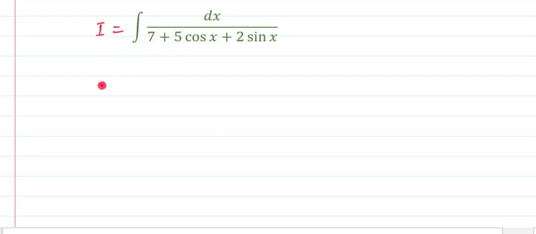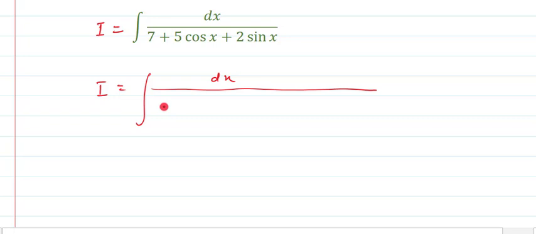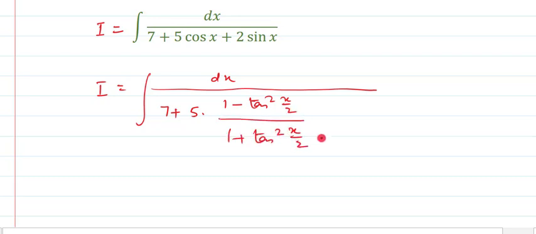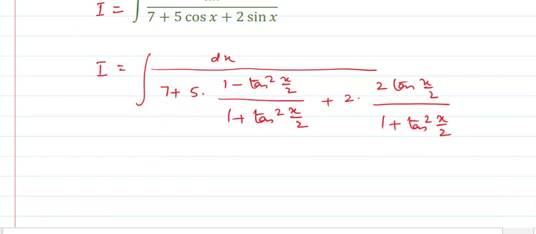So let us name this as I is equal to integration of dx upon, using the same identities, 7 plus 5 into 1 minus tan square x upon 2 upon 1 plus tan square x upon 2 plus 2 into 2 tan x upon 2 upon 1 plus tan square x upon 2. Take LCM as denominators are same in both the terms.